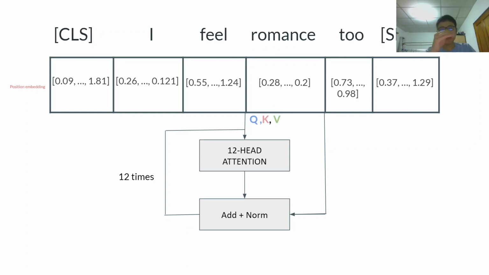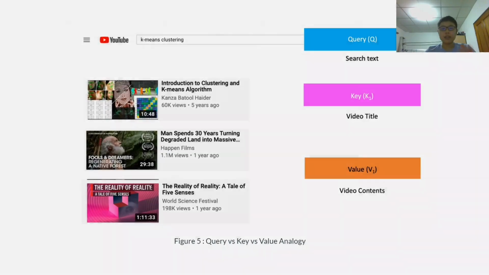Okay, but before I tell you what the 12-head attention is, I would like to introduce that this position embedding will be transformed into Q, K, V respectively, and they are different. You may be wondering what they are. Okay, I have an analogy for them. Let's think about when you are searching for a YouTube video. Let's say you want to see what k-means clustering is.